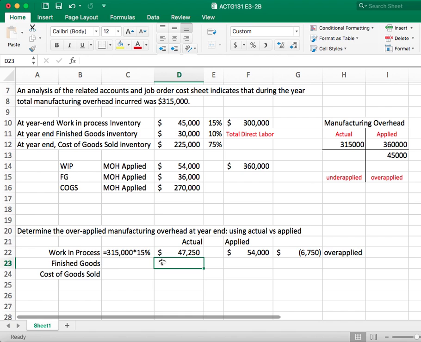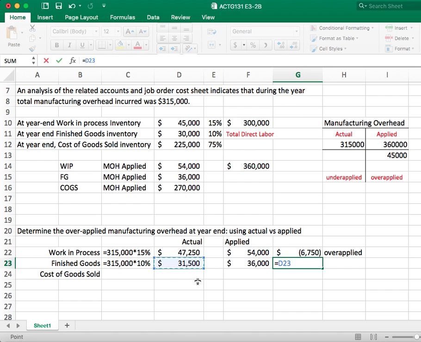Let's do it again for finished goods. I'll show you what that formula looks like. Again, we're going to use the incurred amount, multiply that by the 10%, and put it in the cell. So actual finished goods, determined by using this allocation or proportion, compared to the applied finished goods manufacturing overhead, is $31,500 less $36,000.